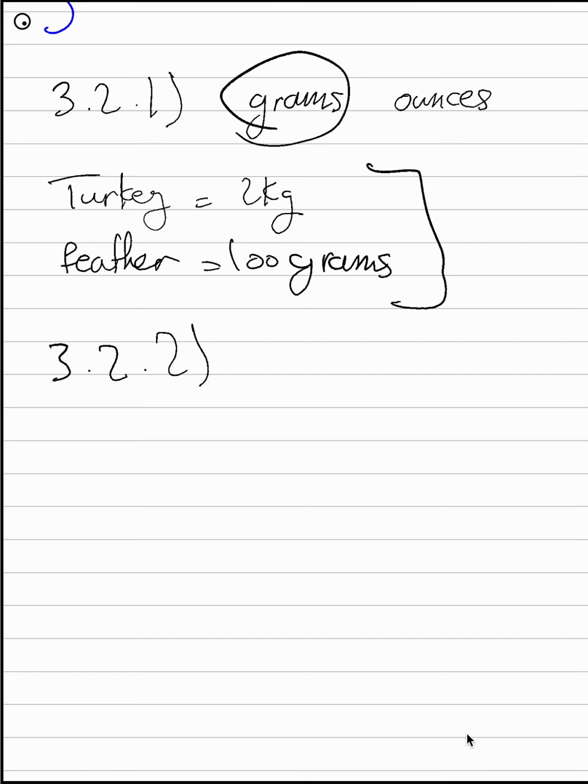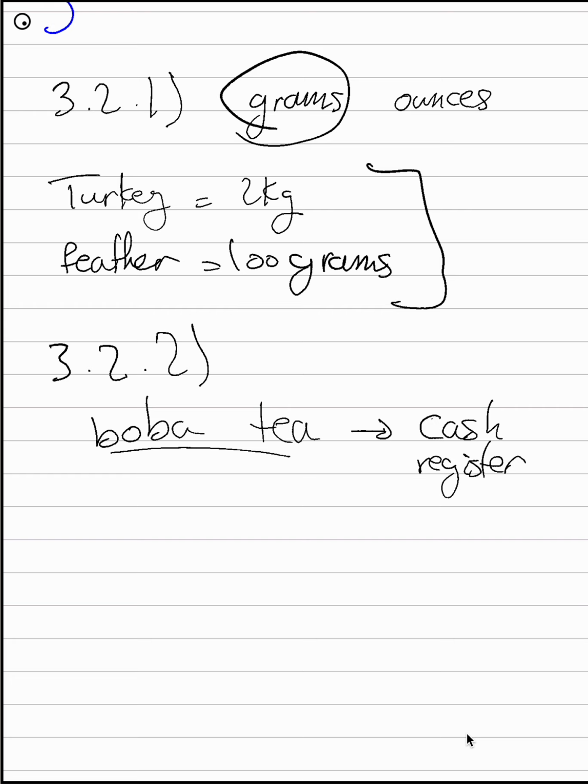All right, the second question. Have you had boba tea? Nope, unfortunately. Oh my goodness. Okay, I highly recommend boba tea. And then if you do have some boba tea, they always have a cash register, unless they're a charity, in which case please let me know. The cash register displays how many cents a customer is owed.